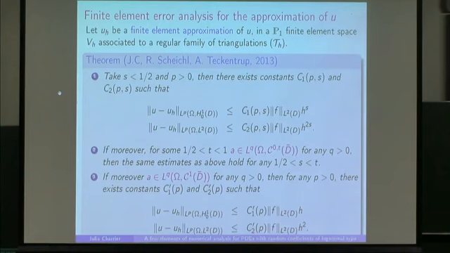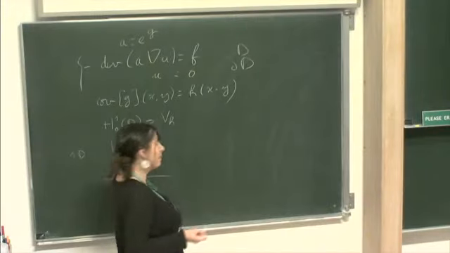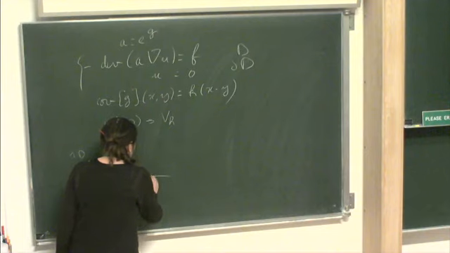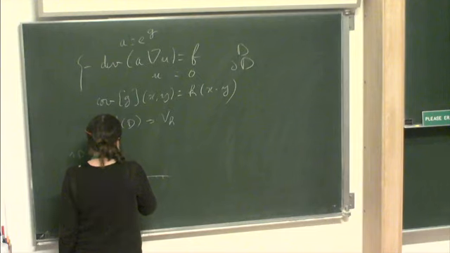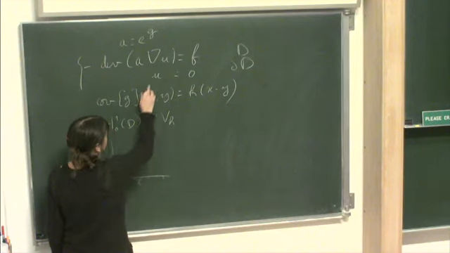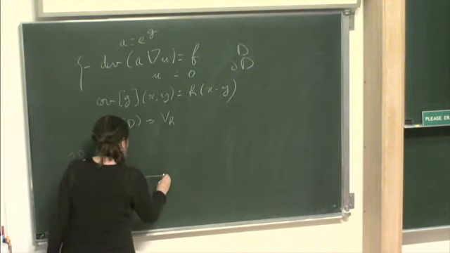So what does it mean? For example, in the 1D case, you approximate your function u by some function which is piecewise linear and continuous, and h is the mesh size. The 0 here means that the value of u is 0 on the boundary.